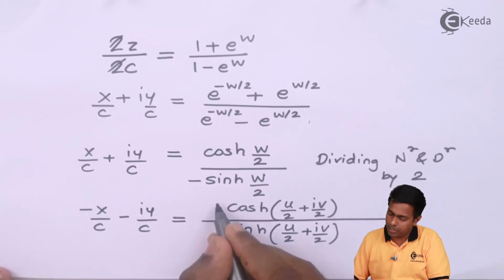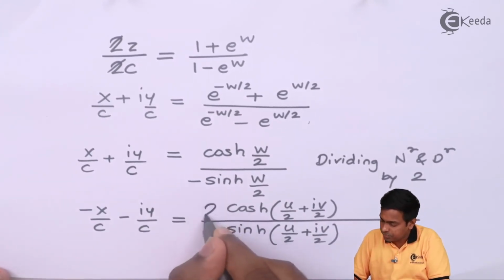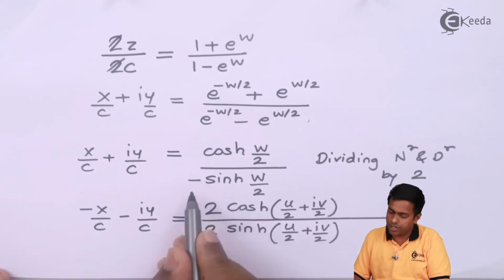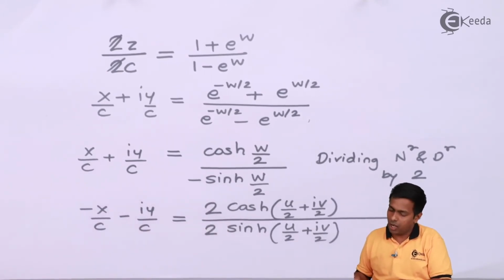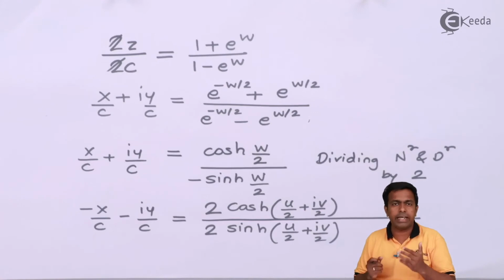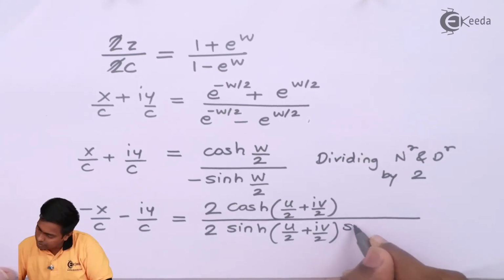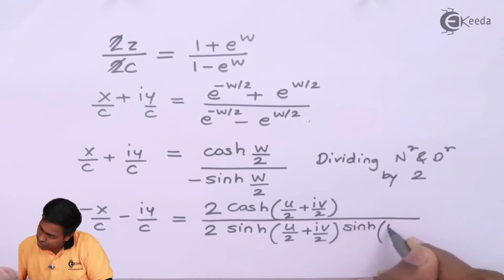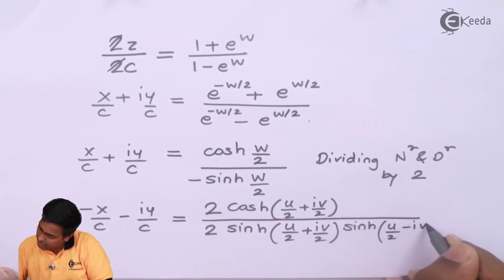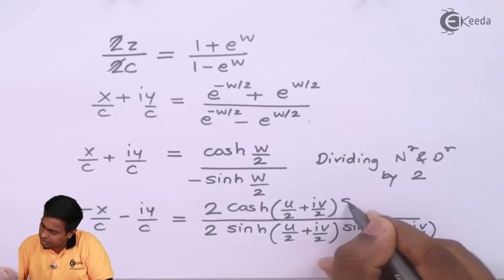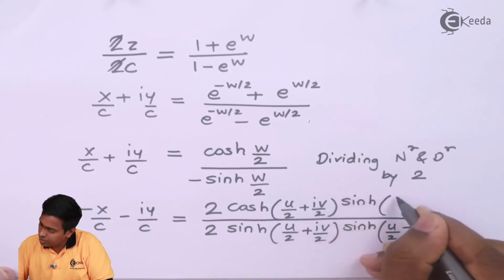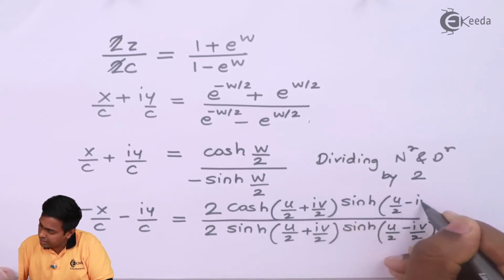Next, we'll multiply numerator and denominator by 2. Minus sign is already shifted to the left hand side. And now we'll multiply numerator and denominator by the conjugate. So the conjugate of this term is hyperbolic sine u by 2 minus iv by 2. And similarly here, hyperbolic sine of u by 2 minus iv by 2.